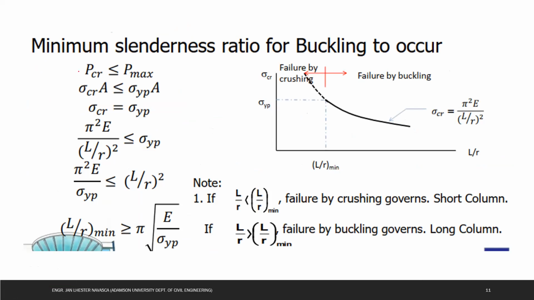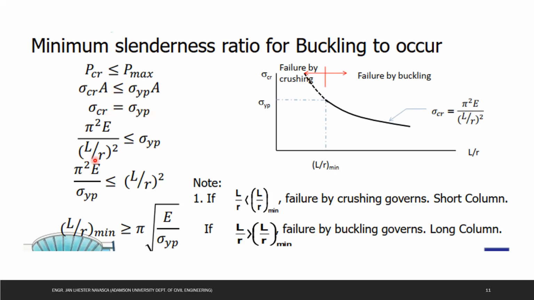So if we go back to our demand equals capacity, this is our demand load and this is our capacity. Then the critical buckling stress times A is less than or equal to sigma YP times A. Therefore, sigma CR is equal to sigma YP, taking the equilibrium of our demand and capacity.